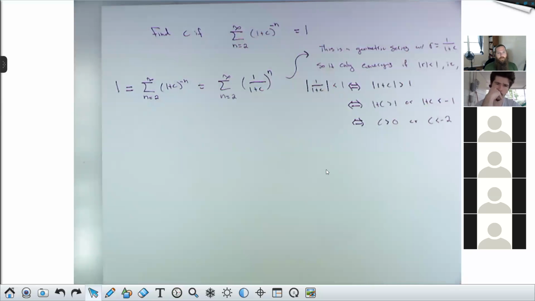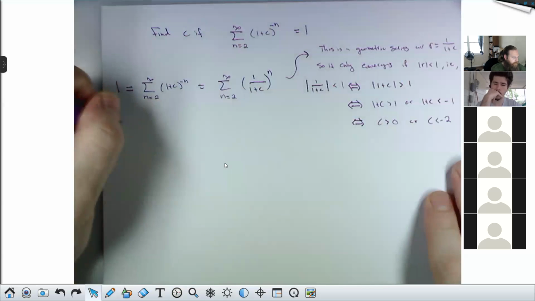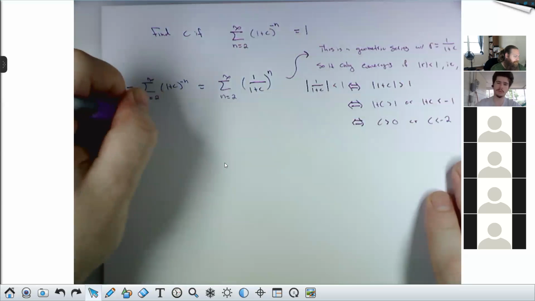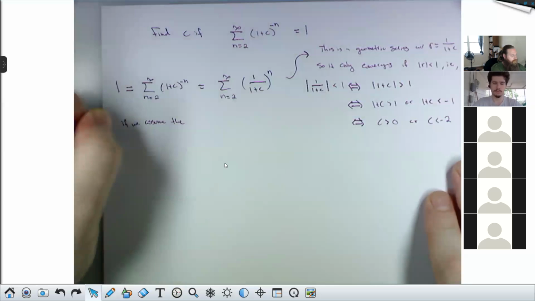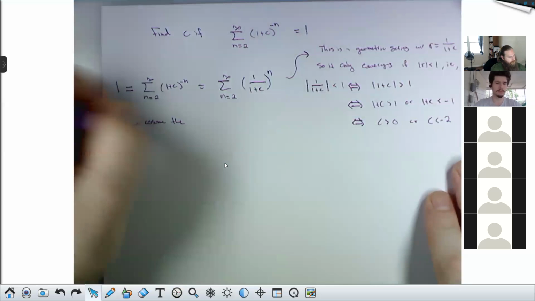So in order for this series to converge, we need one of these to be true. In other words, if you solve your equation at the end and get a c value that doesn't satisfy one of these, you have to kick that guy out. Then we can use the first term over 1 minus the common ratio formula and solve that for 1, or in my case 3.